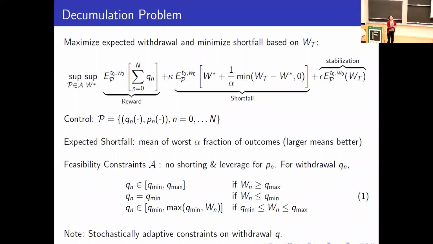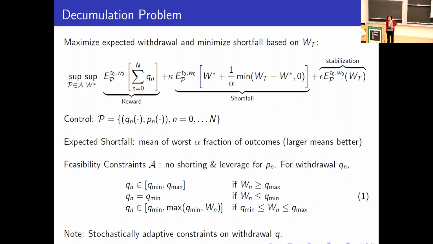It's a regularization term: if you have accumulated so much money, you can have a choice of doing something differently depending on what you want, when you have already achieved your goal. So there's a stabilization term we add to further improve the performance potentially. Okay, so that's our optimal control problem.